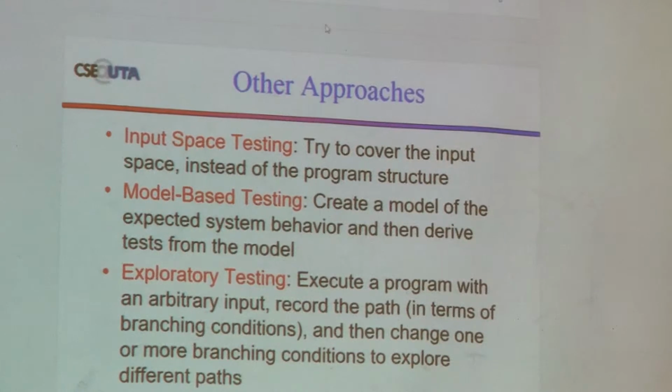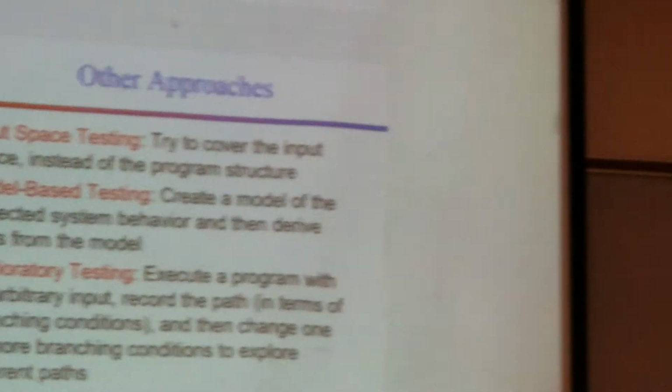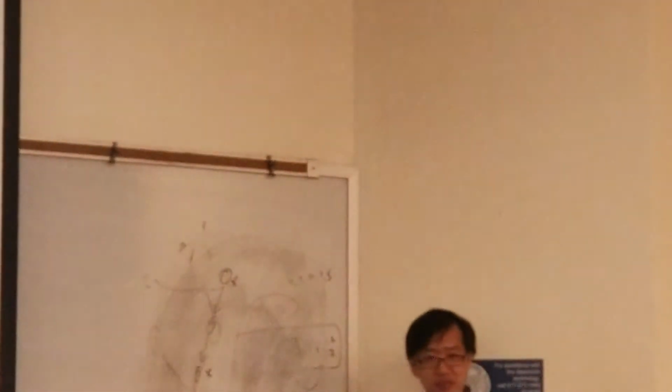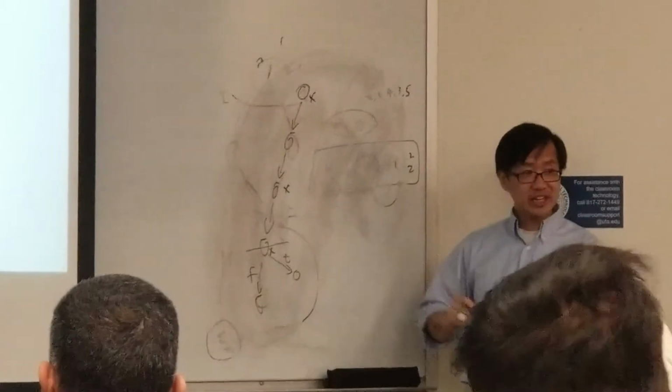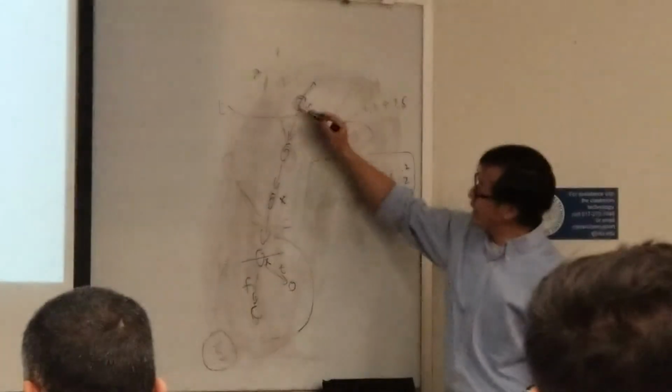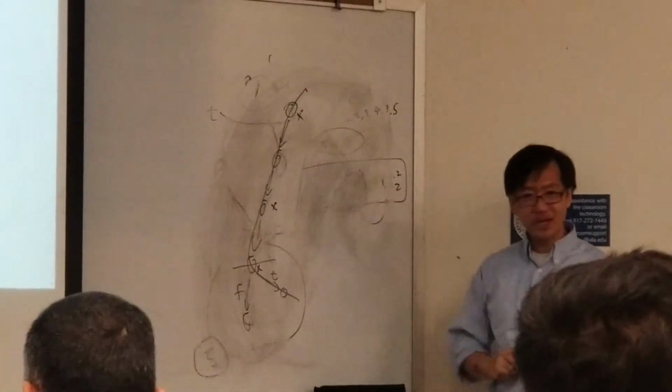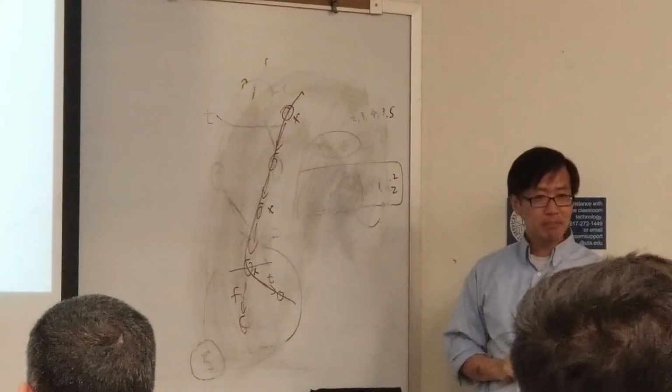So maybe in this particular path, this branching point took the first branch. Maybe next time you're going to just negate this condition. You're going to force this one to take the other possible branch in the next execution. So basically, the next execution will execute a different path.